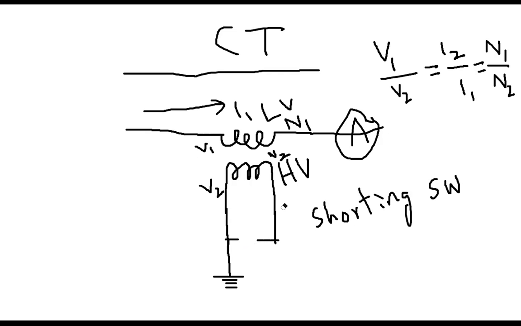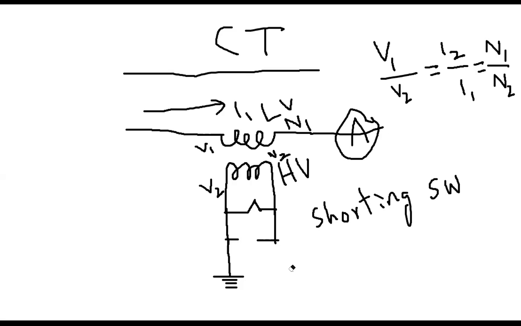This switch is called the shorting switch. Typically it is in the open status when the ammeter is connected. Now, if you need to take out this ammeter, first close this one, and then you take out the ammeter, so that the secondary is not open circuited.